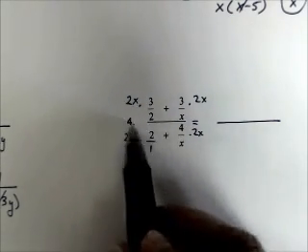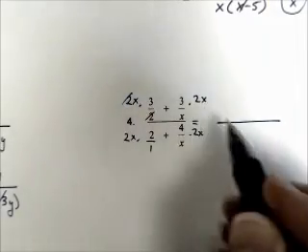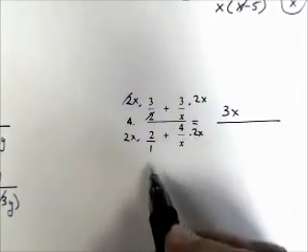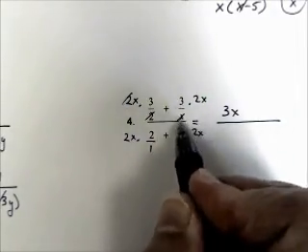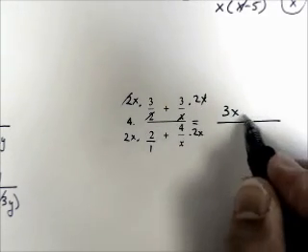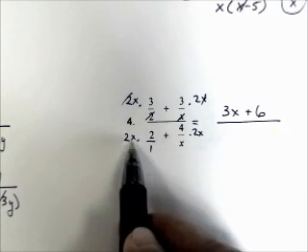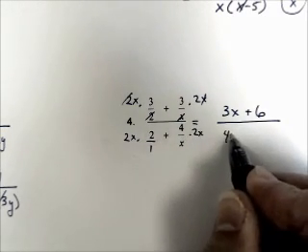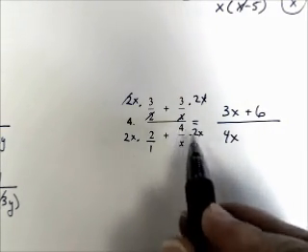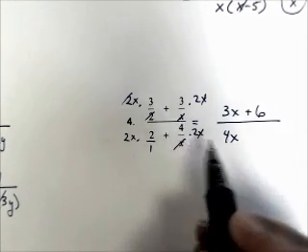When I go to multiply here, the 2's divide out. X times 3 is 3x. Before multiplying here, the x's divide out. 3 times 2 is 6. Multiplying here, nothing divides out. 2x times 2 is 4x. And multiplying here, the x's divide out. 4 times 2 is 8.